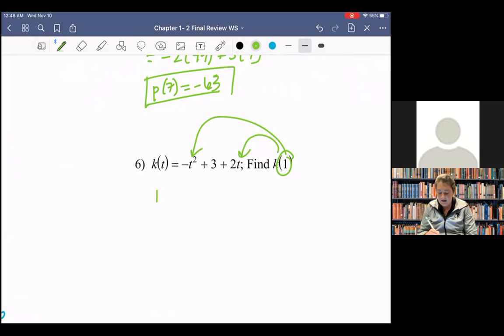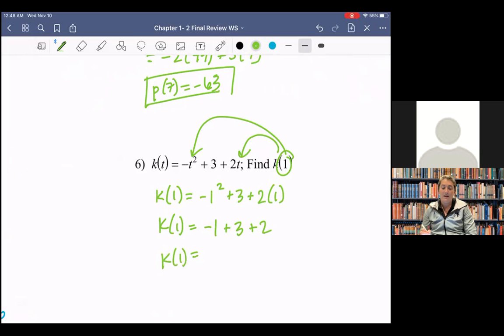So I have k of 1 is equal to -1 squared plus 3 plus 2 times 1. Plug that all in our calculator. 1 squared is 1, but that's negative, so -1 plus 3 plus 2 gets us our final answer. So k of 1 is equal to 4.